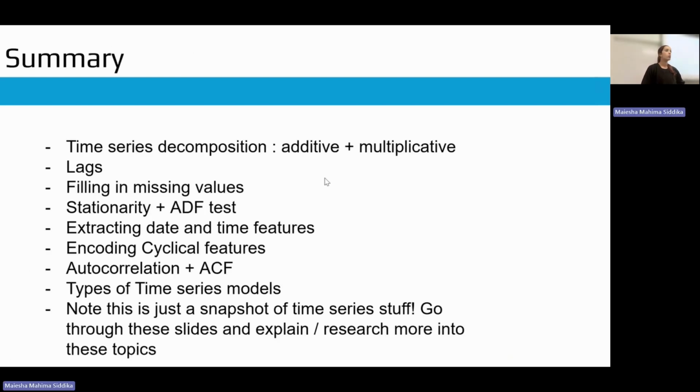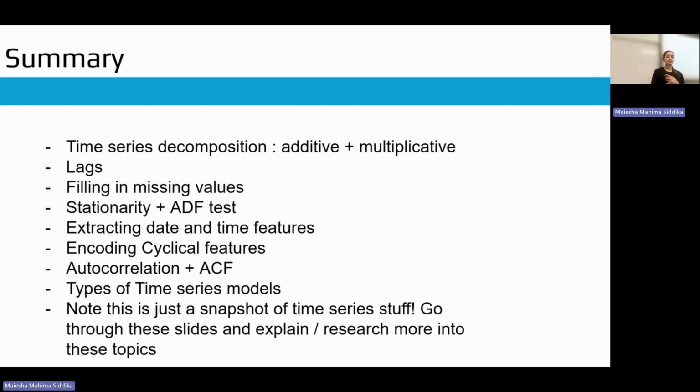Okay, so summary. We looked at time series decomposition, additive and multiplicative. We looked at lags. We also saw how to fill in missing values for a time series dataset and how that differs from a normal dataset. Then we looked at stationarity, which is when the statistical components like mean and variance are constant over time.